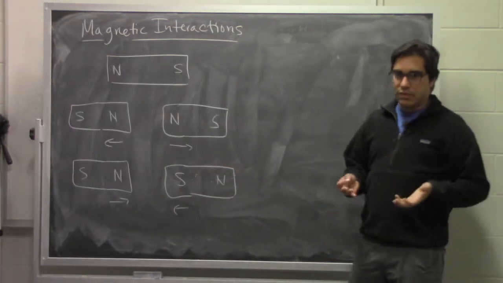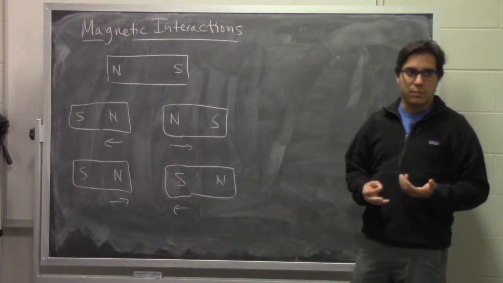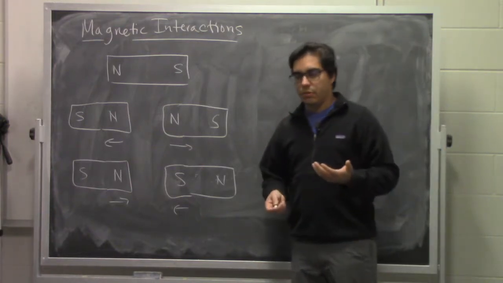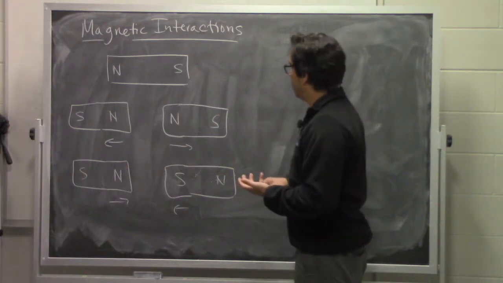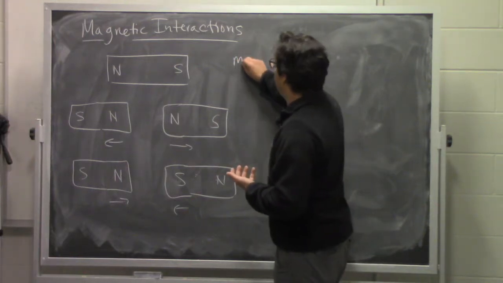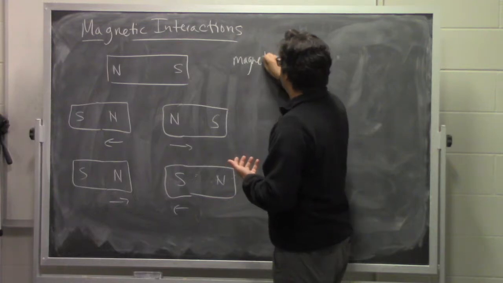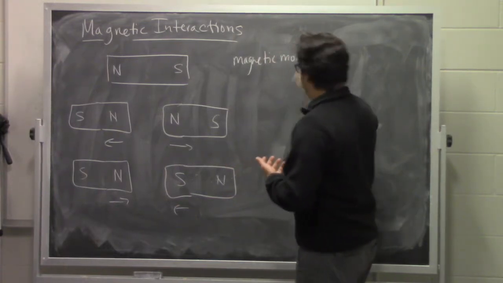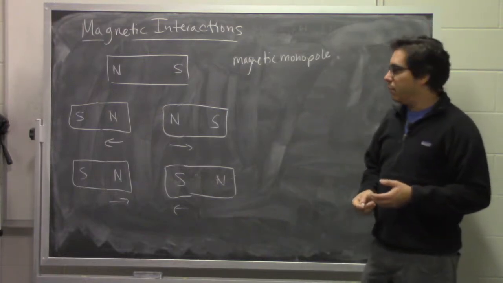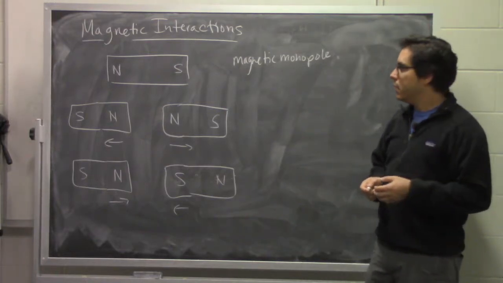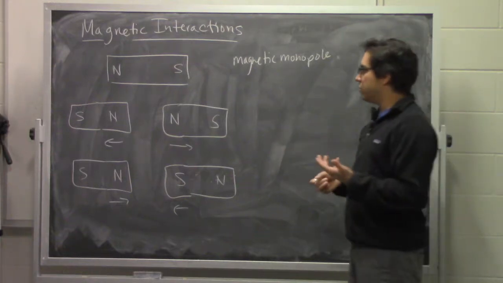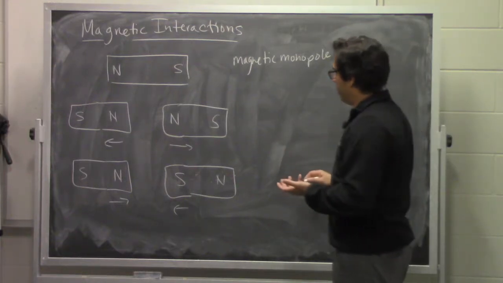So these things always come in pairs. You always have a north pole and a south pole, even if you cut the magnet up into a bunch of different pieces. This idea of a magnetic monopole, as it's referred to, is something that people are actively looking for, and there are theories that include it, but we don't see it everywhere we go.